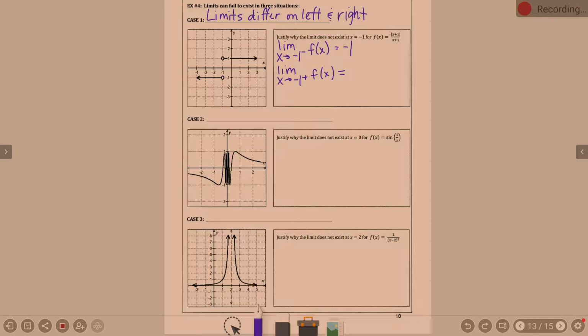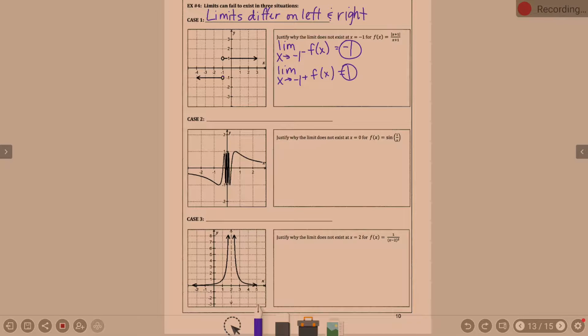Where are we at now? We're up here at the +1 level, yes? And here's the deal. This was asking us about the limit in general. It wasn't asking about the limit from the left and the limit from the right. So what do you notice? They're not the same, right? They're not the same. That limit does not exist.